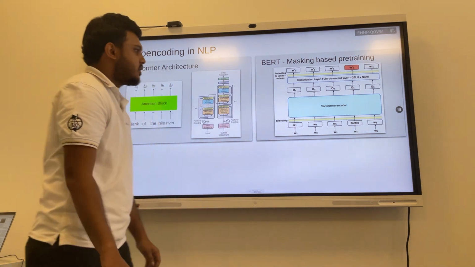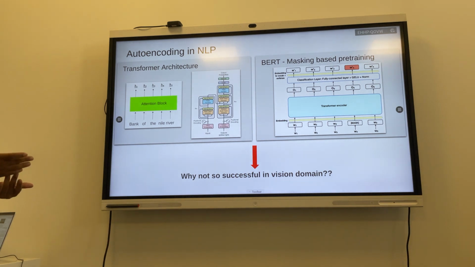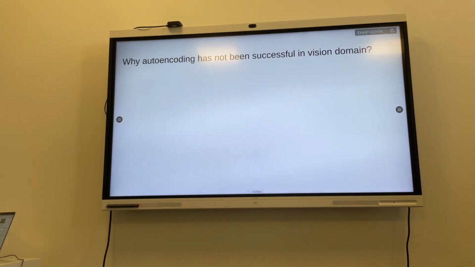That's what we know. But when it comes to vision, up until, let's say, 2020 or 2021, up until this paper came, this autoencoder kind of setup has not been extremely successful in vision tasks as in the language domain. The main reason for this is the difference between the language domain and the vision domain.